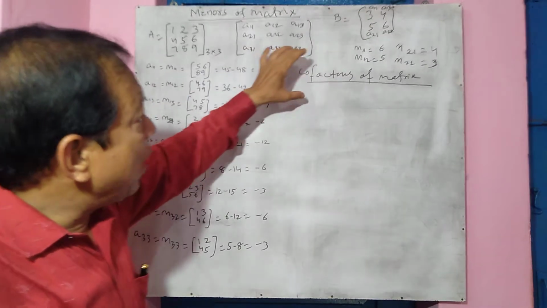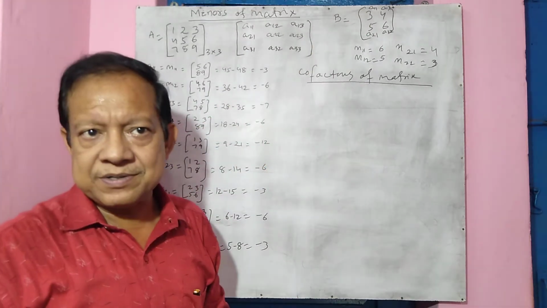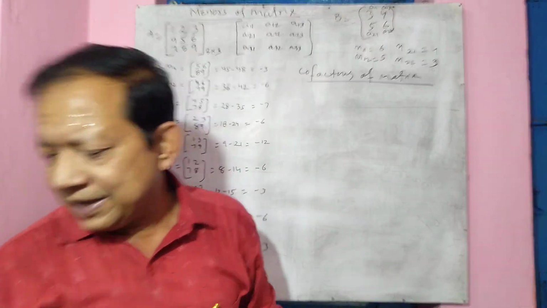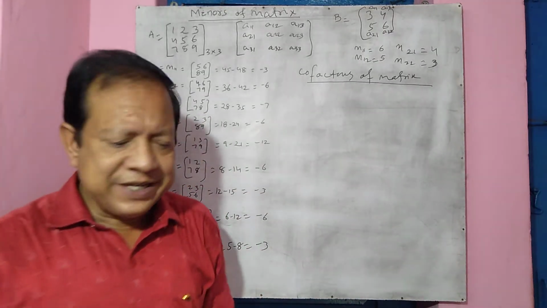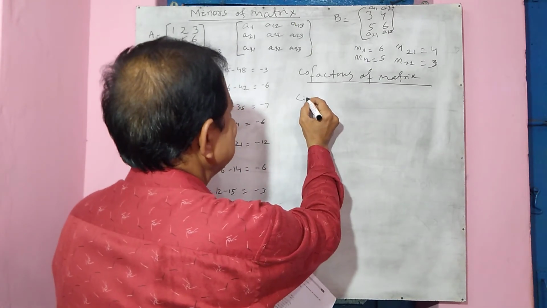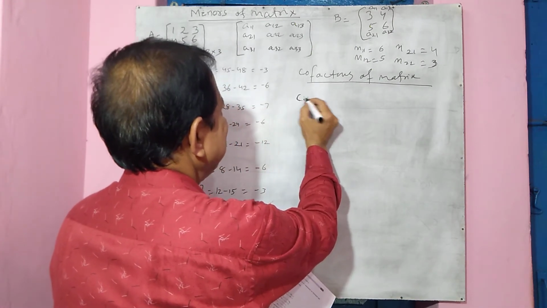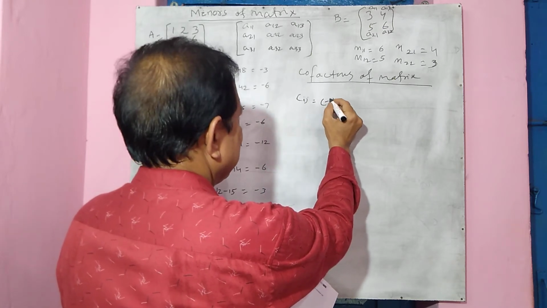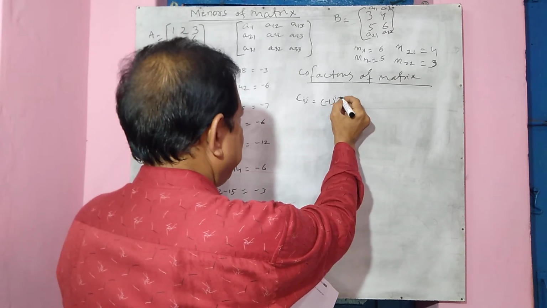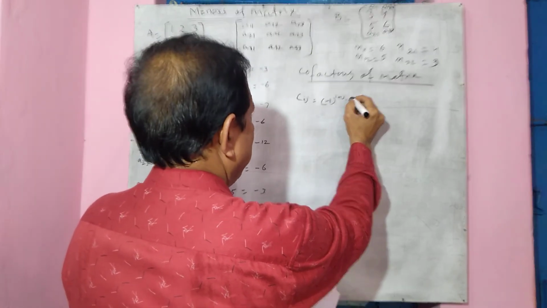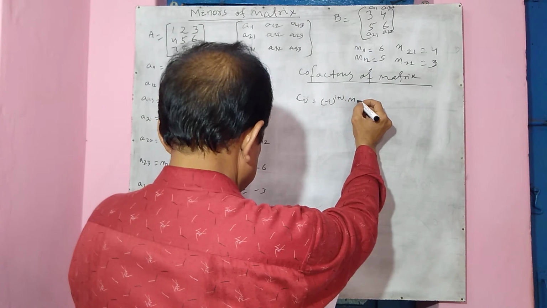So here, how can we find out the cofactors? Cofactors you can find out with, let me see your book. We can find out Cij, okay, Cij is equal to minus 1 to the power I plus j into minor of ij.